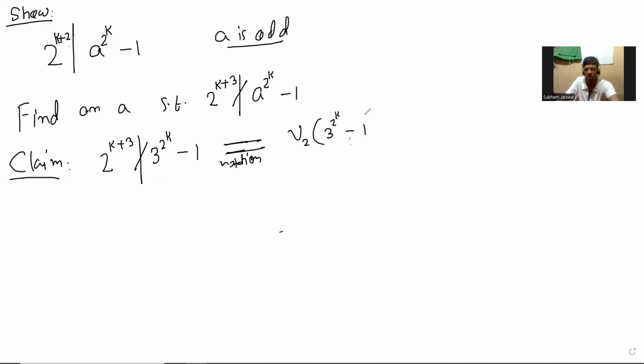You can also just say that the valuation of this with respect to 2 is k plus 3. This is just a notation that we use, and it denotes the highest power.